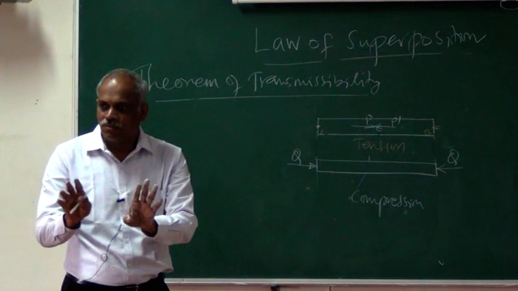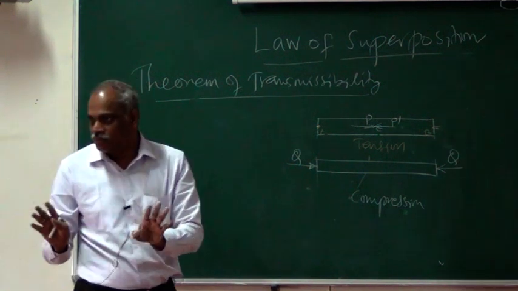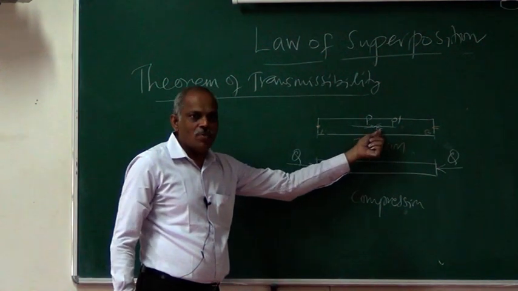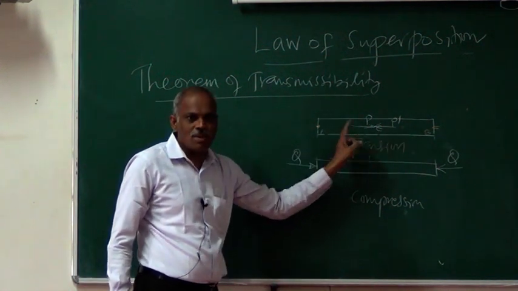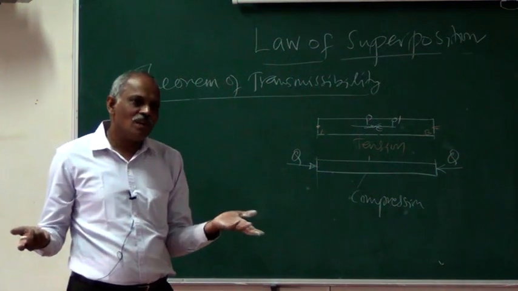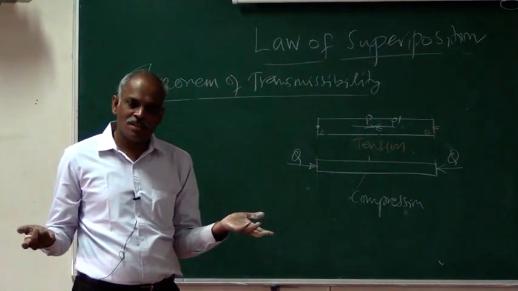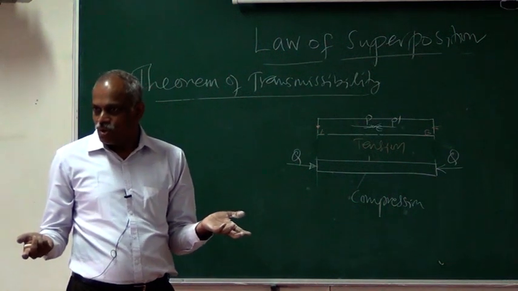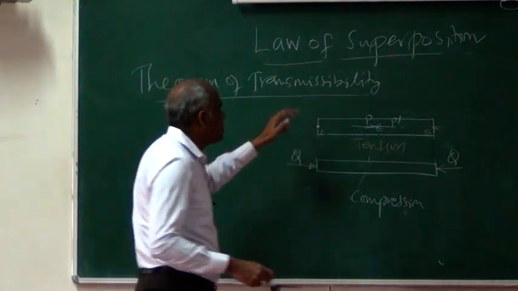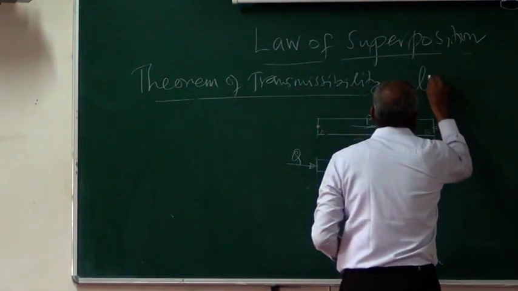Statics is satisfied, this is in equilibrium, but when these two forces are acting at a point, what kind of stresses will this member be subjected to? No internal stresses will be there. So you see that the theorem of transmissibility has limitations.